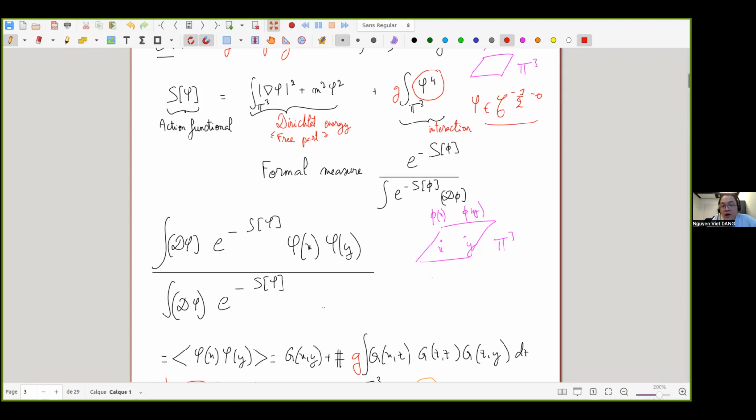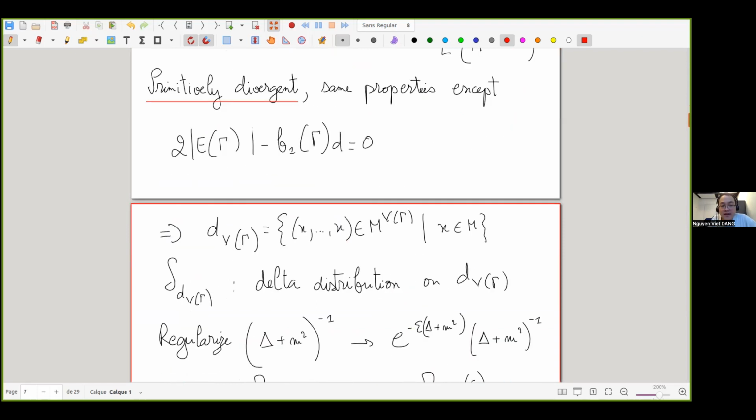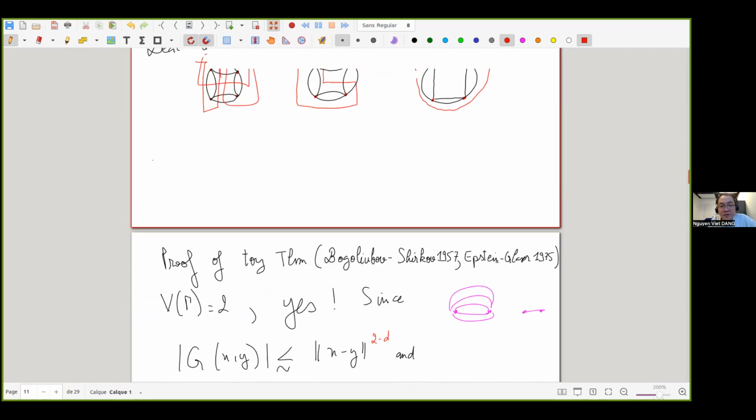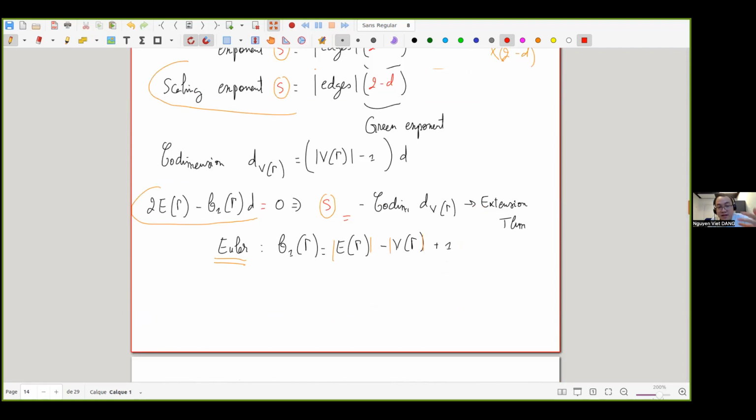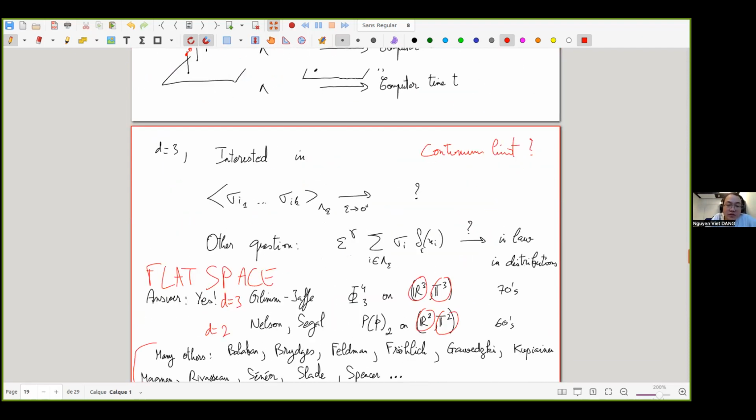So how can you take the 4th power of a distribution? This is ill-defined. And this is the source of all the problems in constructive quantum field theory. In the whole subject of quantum field theory, you are taking powers of distributions, and taking these powers is ill-defined, and you have to do something to make it well-defined.